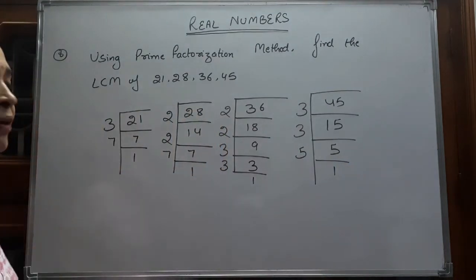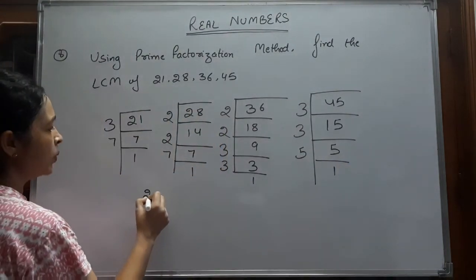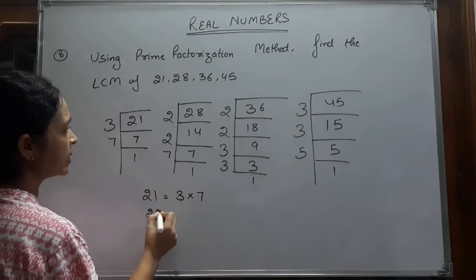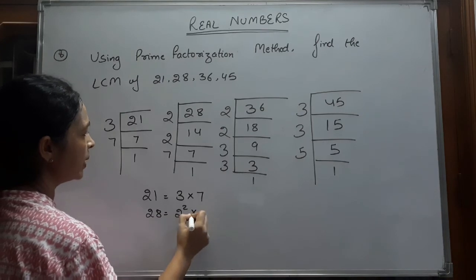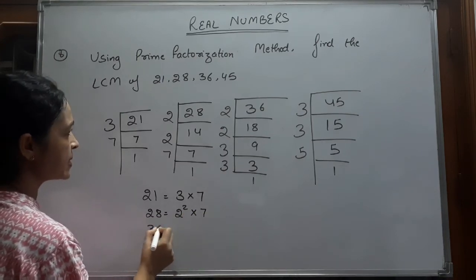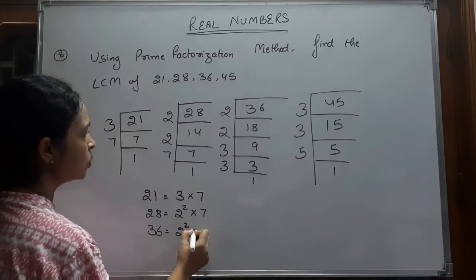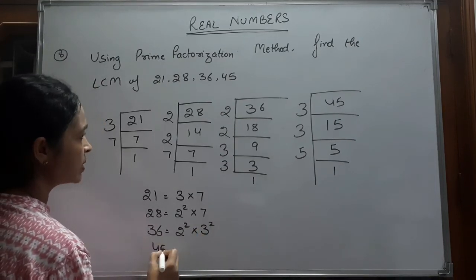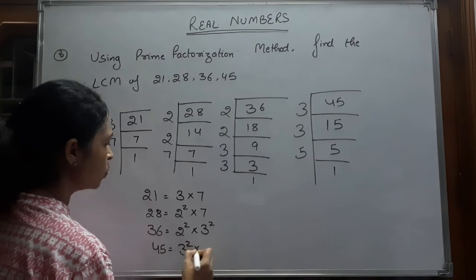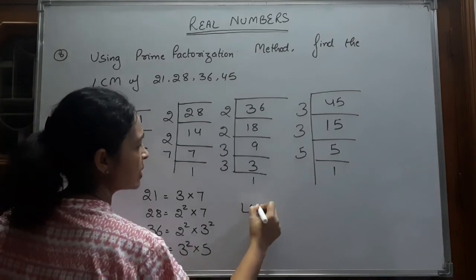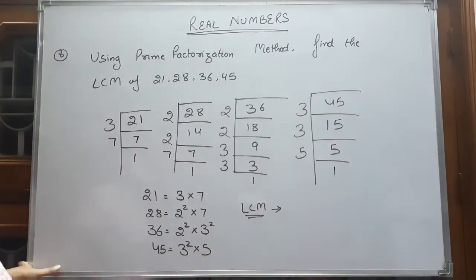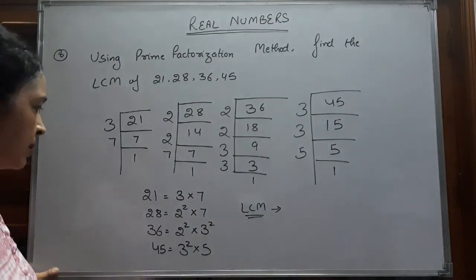Now what do we have to find? We have to find the LCM. 21 is 3 into 7. 28 is 2 to the power 2 into 7. 36 is 2 to the power 2 into 3 to the power 2. And 45 is 3 to the power 2 into 5. Now what is LCM? LCM is the product of the highest power of every factor.